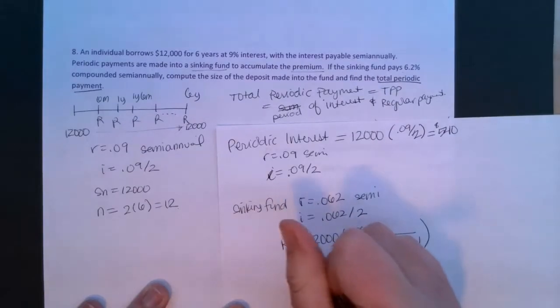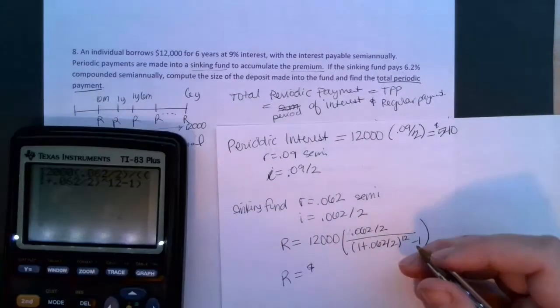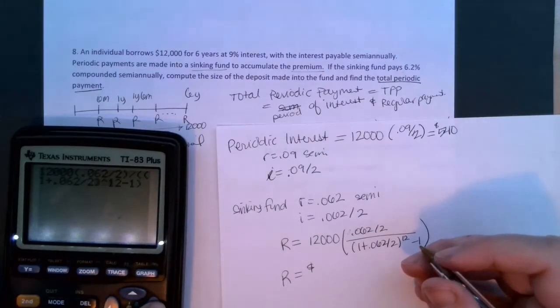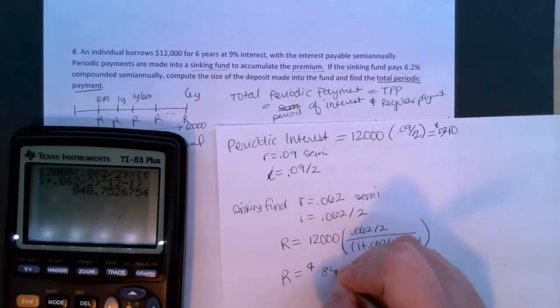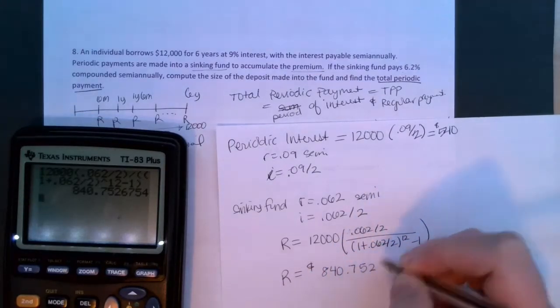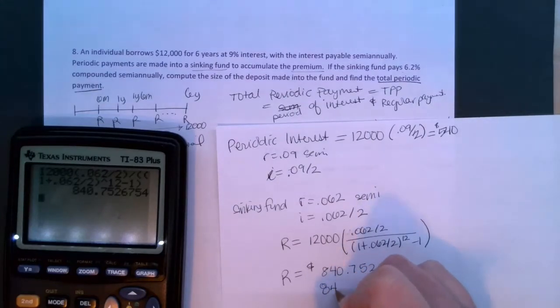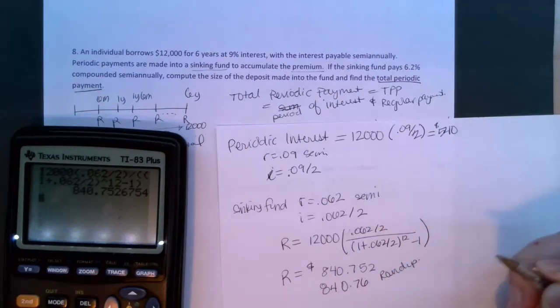And when we do that for our R, okay, so this is what it would look like on your calculator. So now we're ready. So we get $840.75. So then we're going to use $840.76, because again we're going to round up because it's a payment.